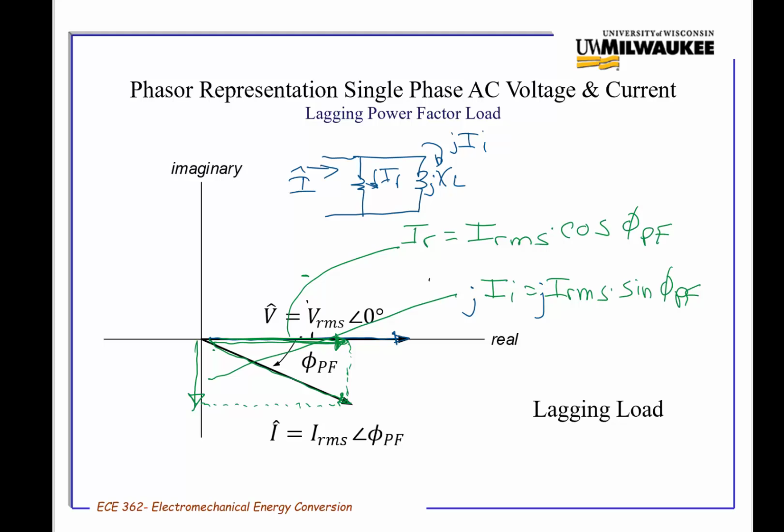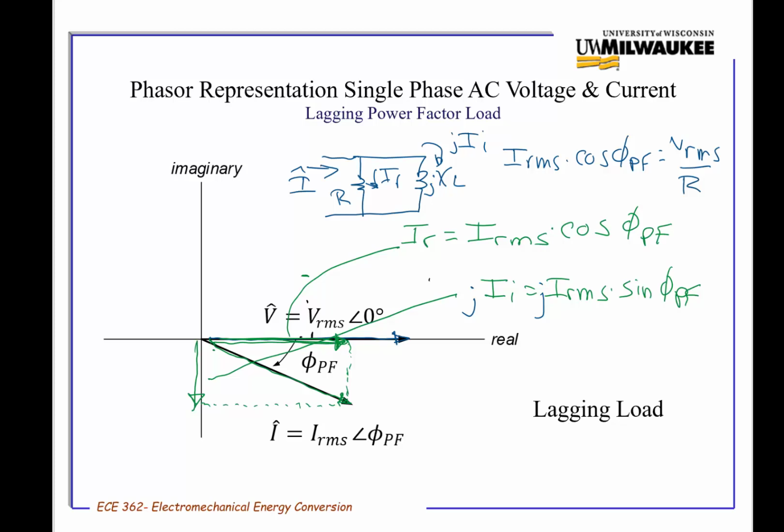For this specific circuit, let's say I don't know what R is and I don't know what XL is. I could solve for them by saying, for example, I RMS cosine phi PF equals V RMS over R. That's the real part of the current.